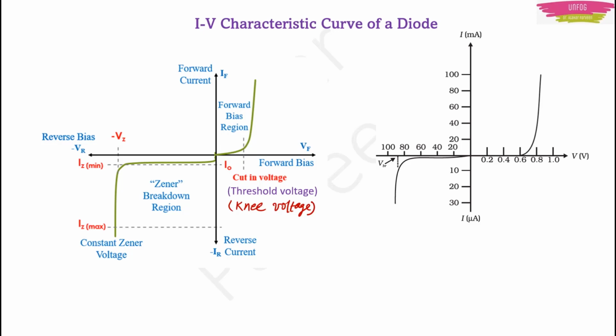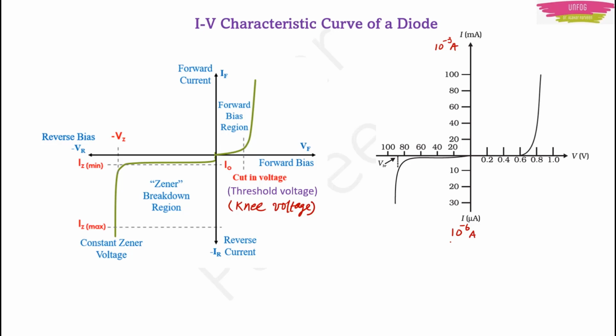See here, in reverse bias condition the current is in microamperes. In forward bias, current is in milliamperes, that means 10 raised to minus 3 amperes. But in reverse bias, it is in microamperes, that is 10 raised to minus 6 amperes. It is very much less, right? That's why you call it saturation current, because it will not change.